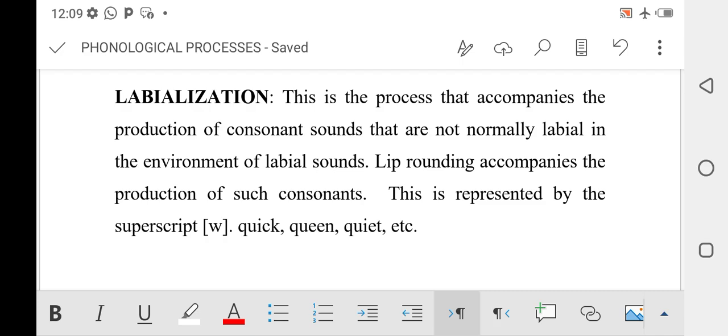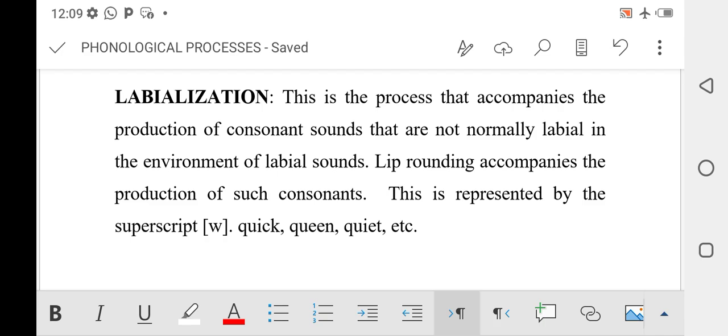So we have seen what labialization looks like when there is a rounding of the lips accompanied in the production of a consonant sound that is not usually produced with the rounding of the lips. We say that that consonant sound so produced has been labialized. Okay, and labialization is represented with the superscript w. So the w you find here is superscripted.